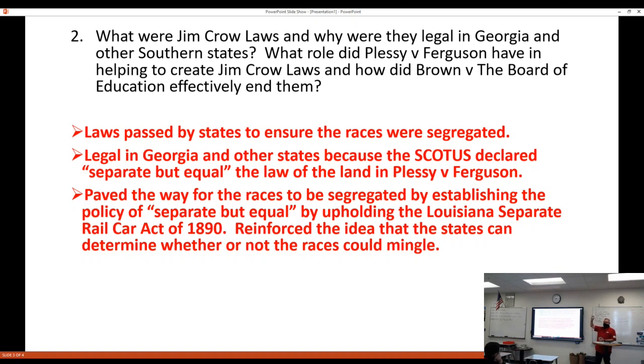But states have what are called reciprocity laws. You recognize ours, we'll recognize yours. My oldest son, Joel, is a professional engineer. That means he took this really long 8-hour test and passed it and was named a professional engineer.